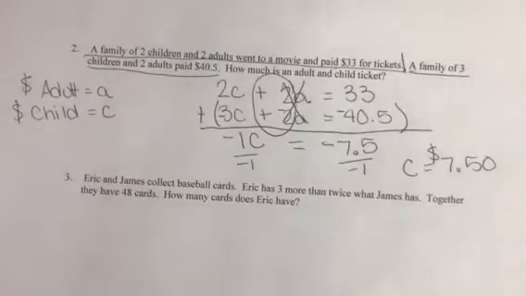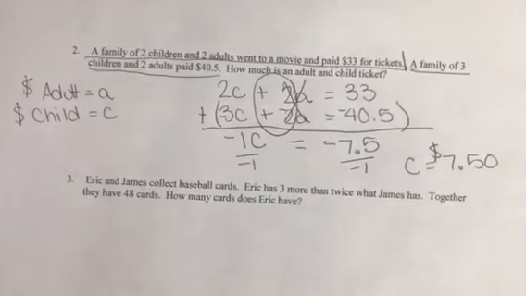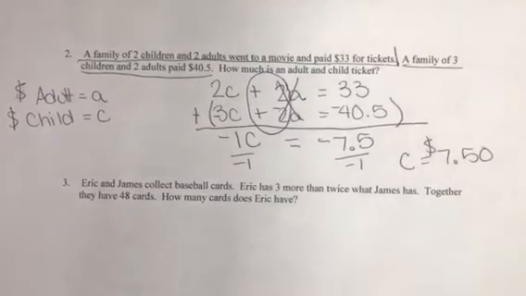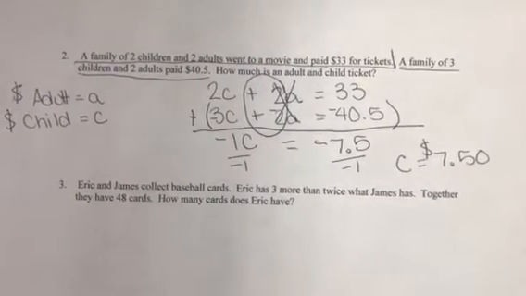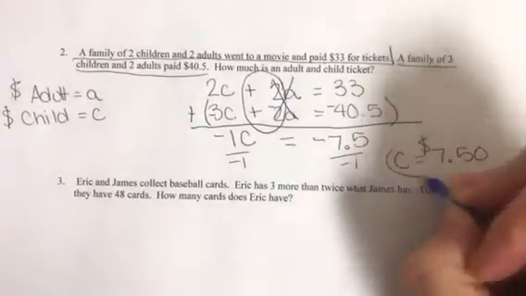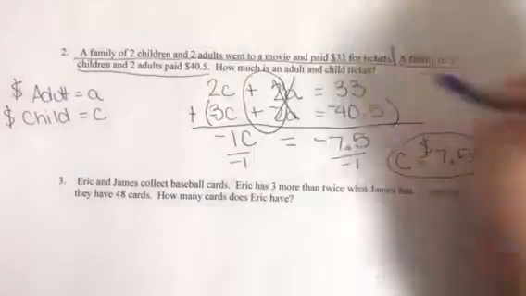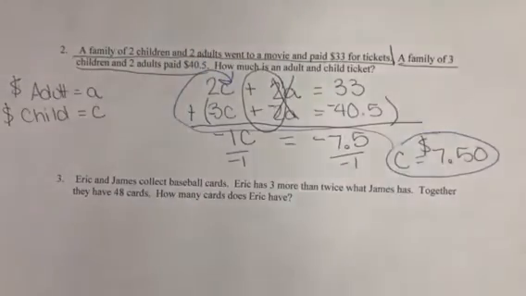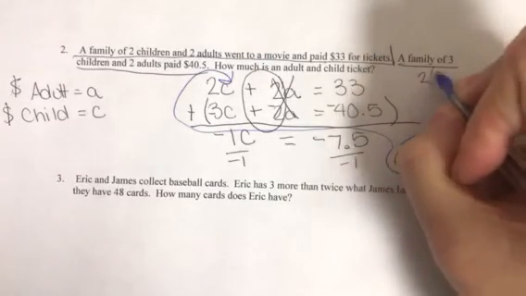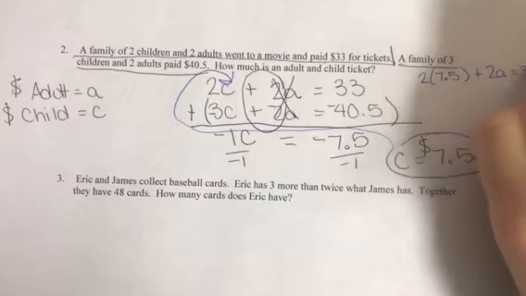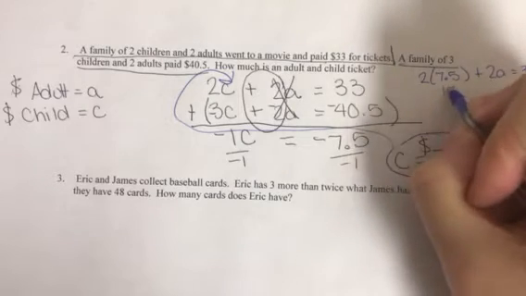Okay, so we'll get 7.5, but again, we're talking about money, so that's telling us that a child ticket is going to cost $7.50. But again, we're not done because we have 2 unknowns, so we need to identify both items. So we want to take that $7.50 and plug it back in somewhere. I'm going to plug it into the top one. So I'll say 2 times $7.50 plus 2A equals 33.